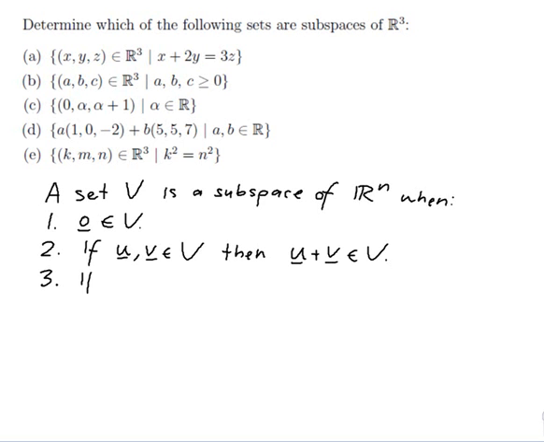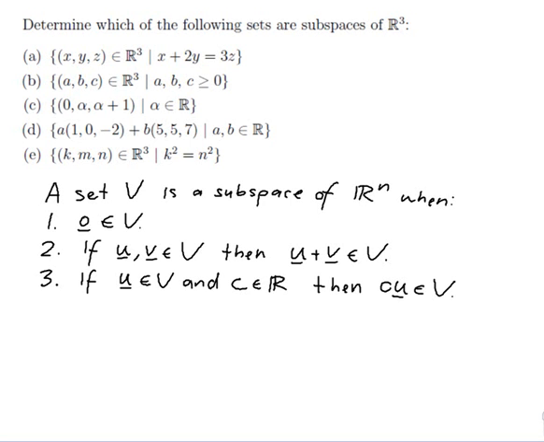And 3, if U is in V and C is in R, then CU is in V. That's called being closed under scalar multiplication.